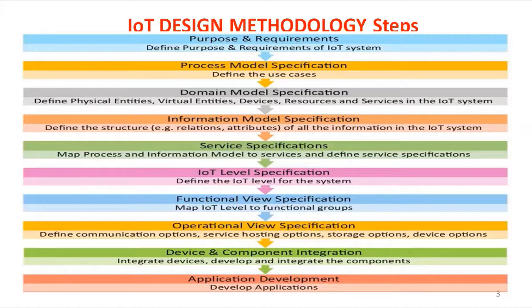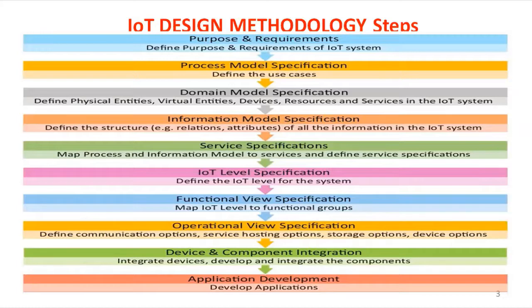And then the next important one, the functional view specification. Here the functional view specification maps the IoT levels to functional groups. There is a mapping process, mapping the IoT levels to different groups. And then the operational view specification.